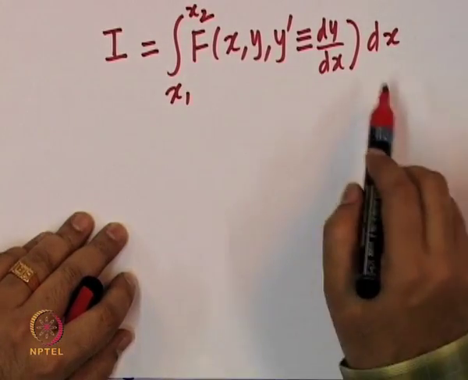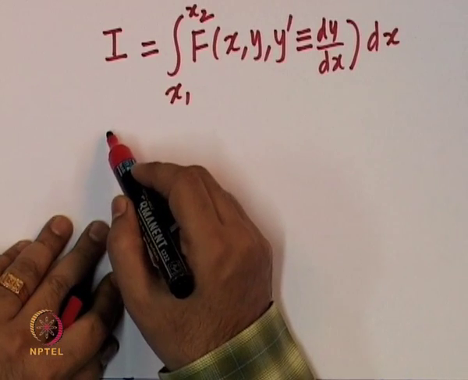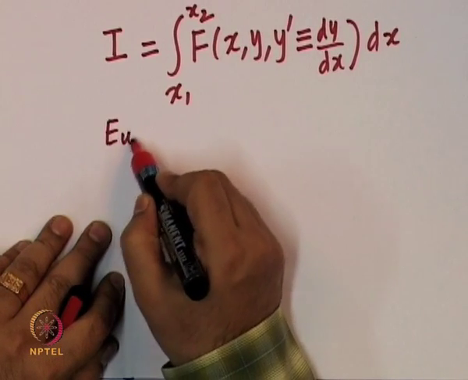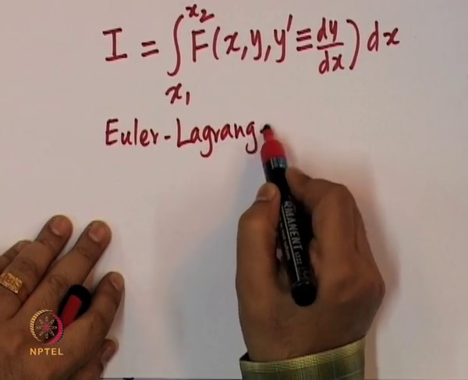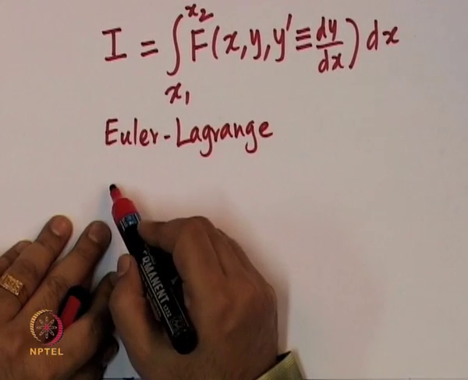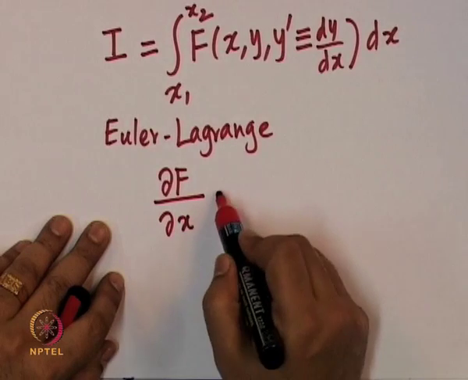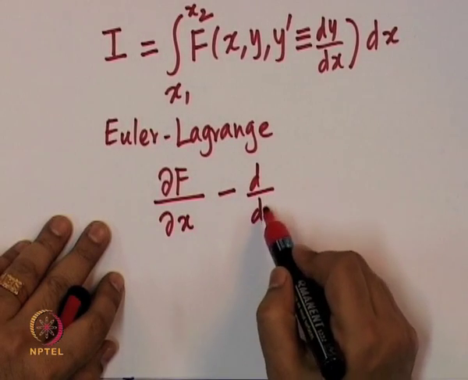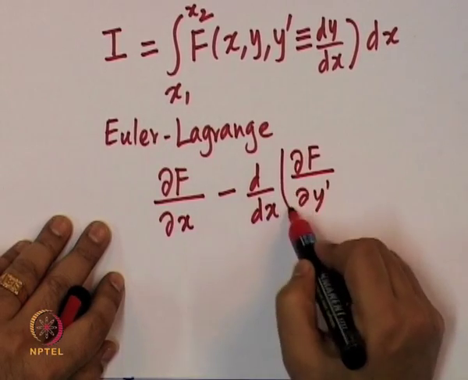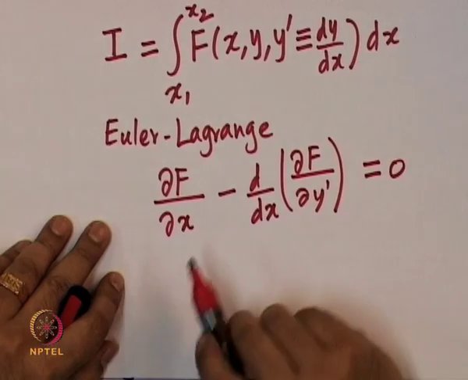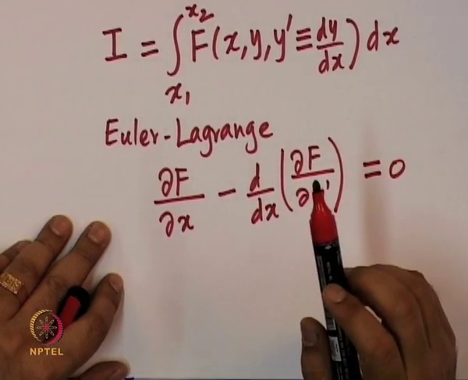In this case we said that the Euler-Lagrange equation, which is the first variation, is nothing but dou f by dou y minus d by dx of dou f by dou y prime is equal to 0. This is how we define the Euler-Lagrange equation, for the first variation.